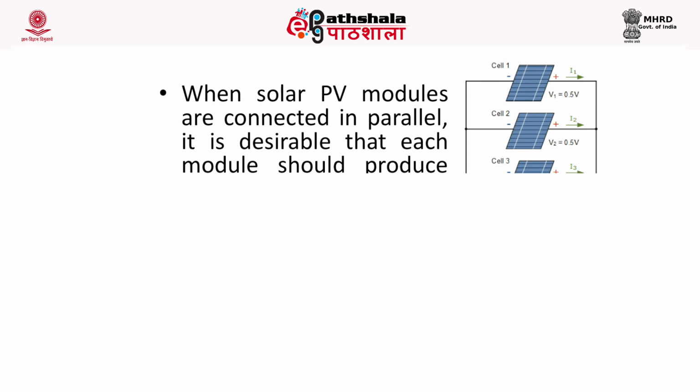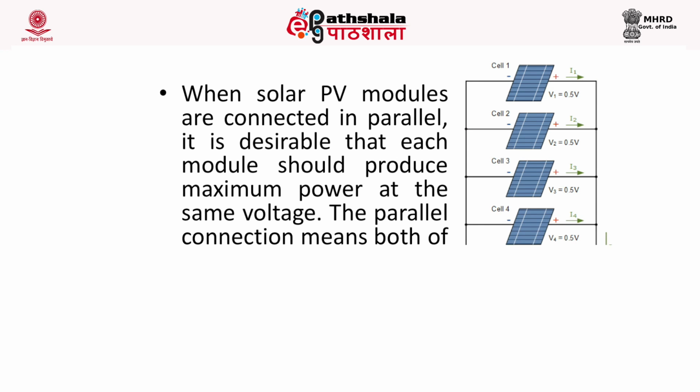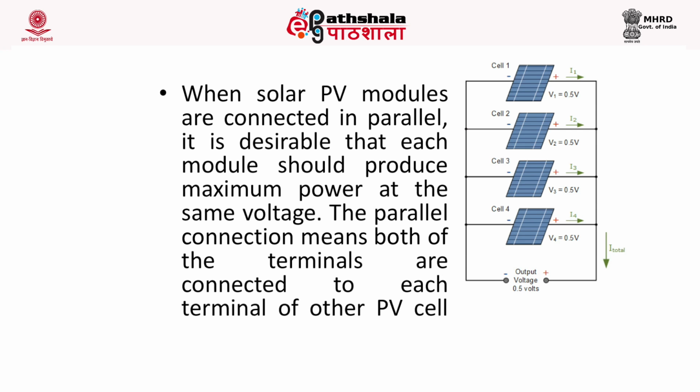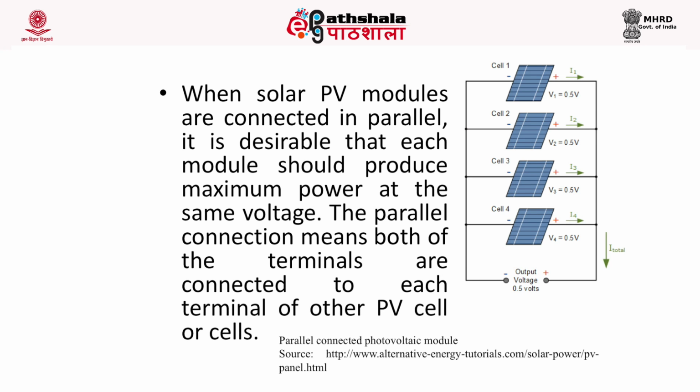When solar PV modules are connected in parallel, it is desirable that each module should produce maximum power at the same voltage. The parallel connection means both the terminals are connected to each terminal of the other PV cell. This figure gives the parallel connected photovoltaic module structure.